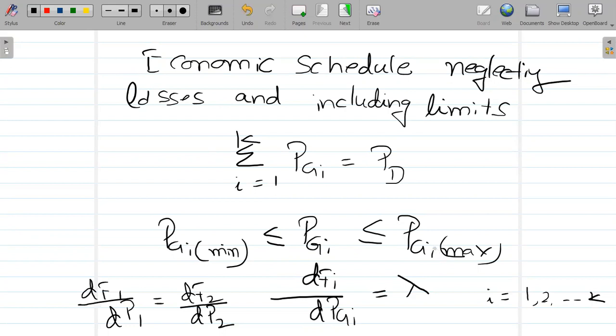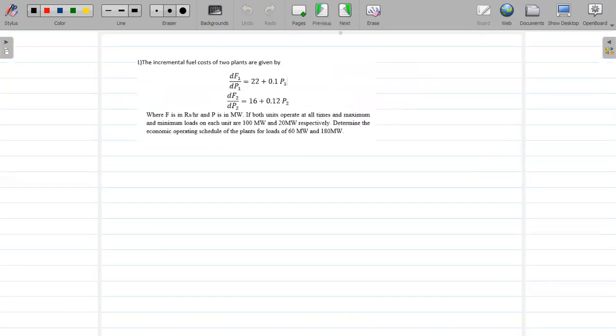To understand this economic scheduling problem, we consider one numerical example. Here the incremental fuel costs of two plants are given, that is dF1 by dP1 and dF2 by dP2, where F is in rupees per hour and P is in megawatt. If both units operate at all times and the maximum and minimum load on each unit are 100 megawatt and 20 megawatt respectively, determine the economic schedule of the plants for loads of 60 megawatt and 180 megawatt.